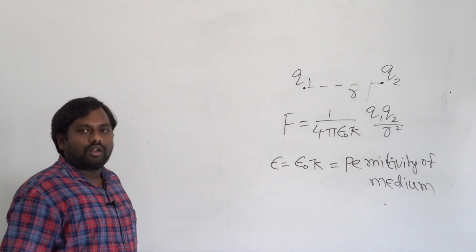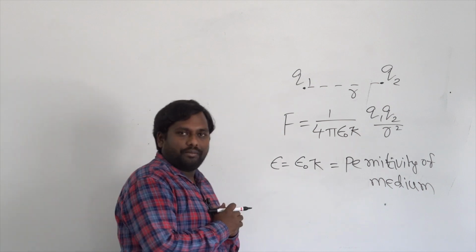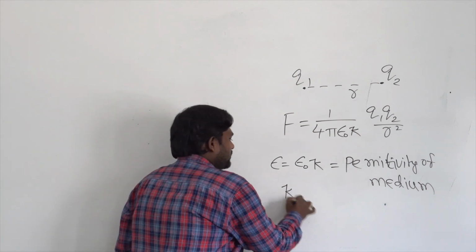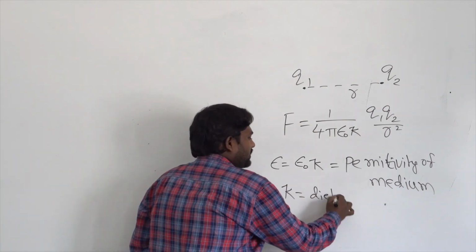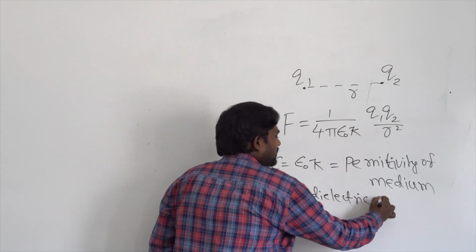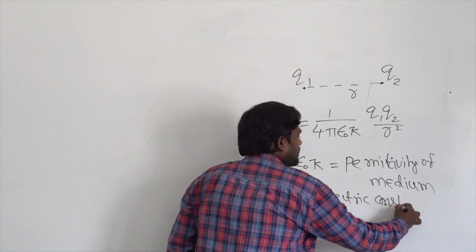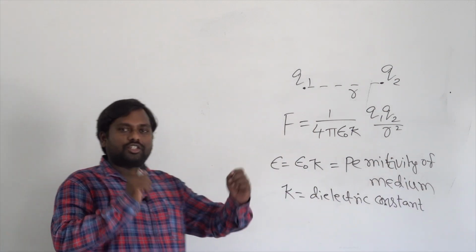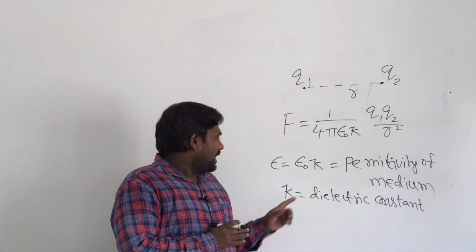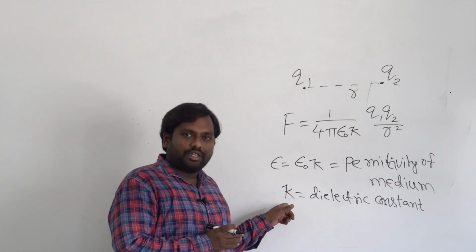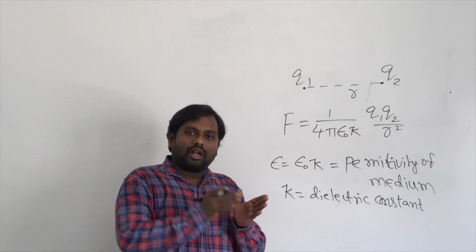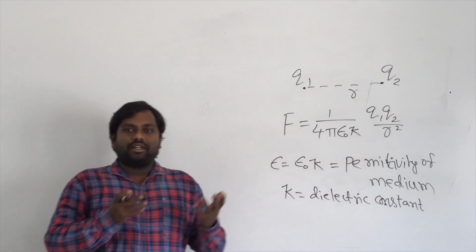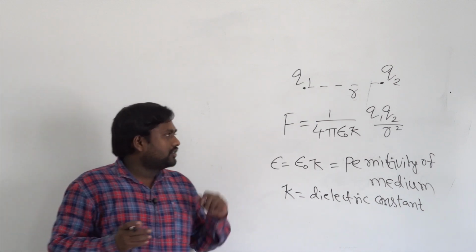And K is called the dielectric constant of the medium in which the point charges are placed. And this is a dimensionless quantity. Its value lies between 1 and infinity. If you take air or free space, the value of K is 1.